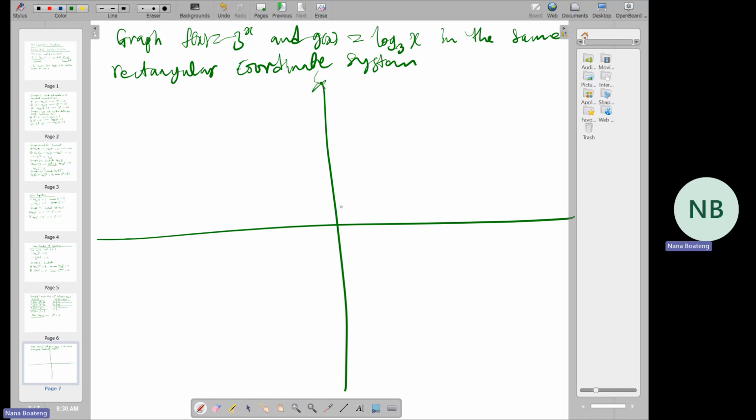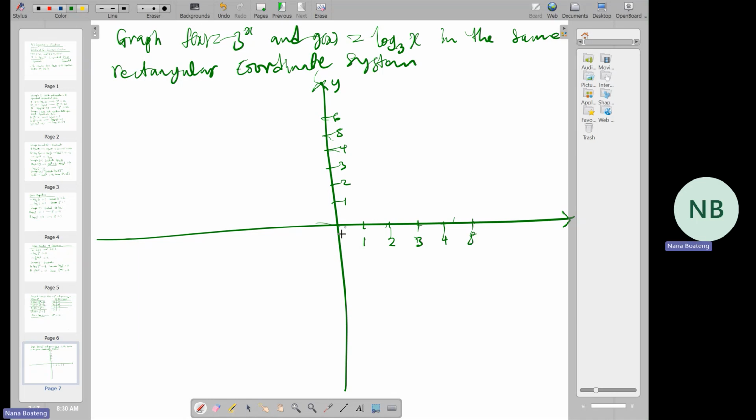So this is 1, 2, 3, 4, 5, 6. And this is the y coordinates, and this is 1, 2, 3, 4, 5.